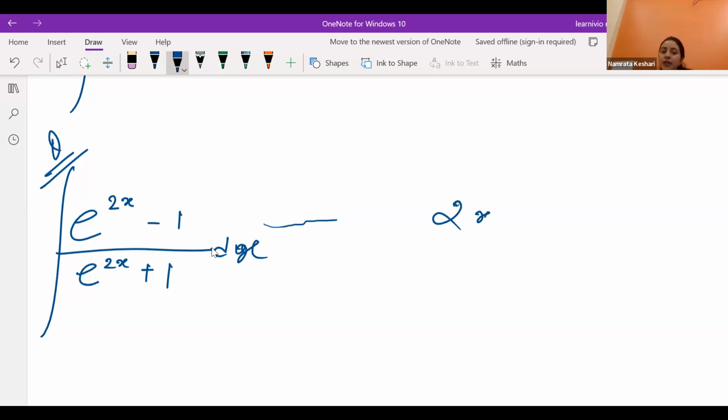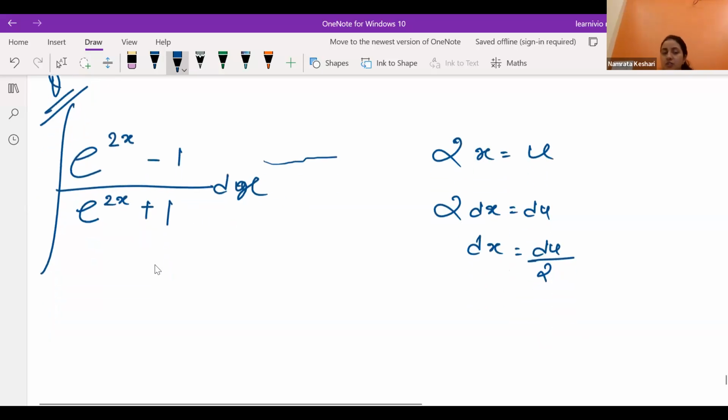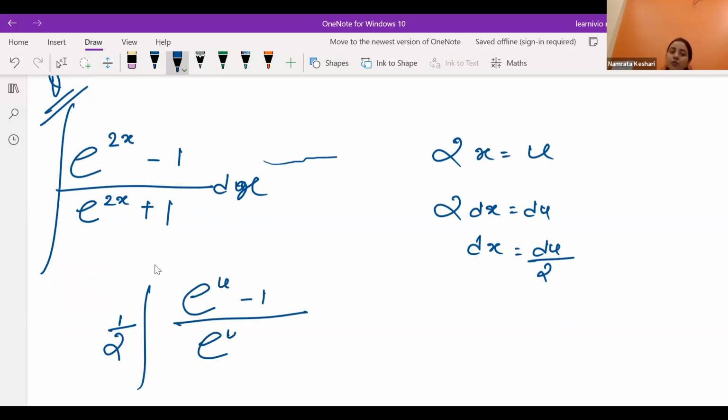If we will be taking 2x as a u, we will end up getting 2 dx is equal to du. So basically dx is nothing but du by 2. Okay, let me substitute everything. So we'll be having dx is nothing but du by 2, that means 1 by 2. 2x you have taken as a u, so e to the power u minus 1 by e to the power u plus 1, and du will be having.